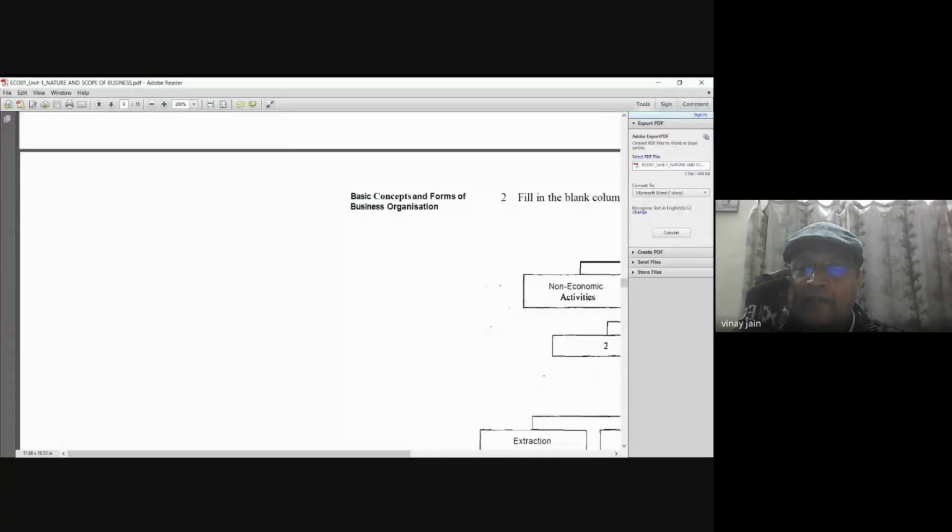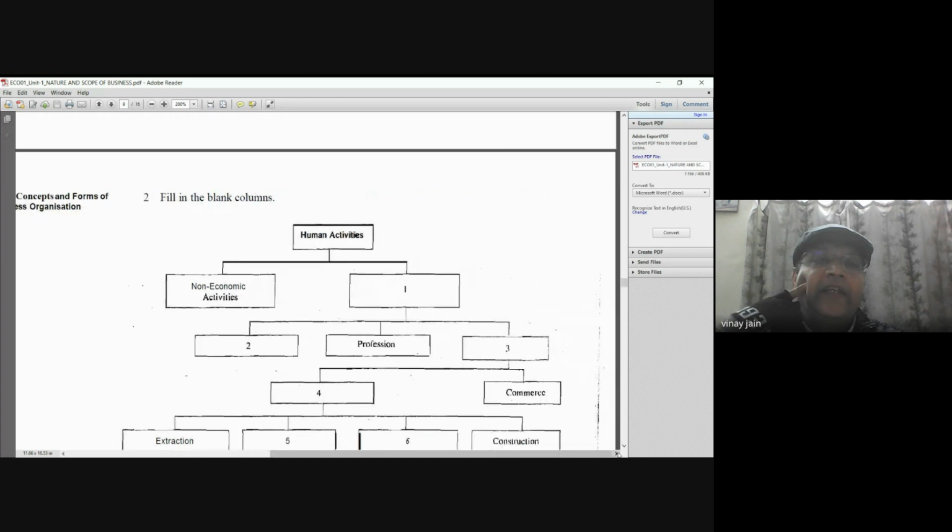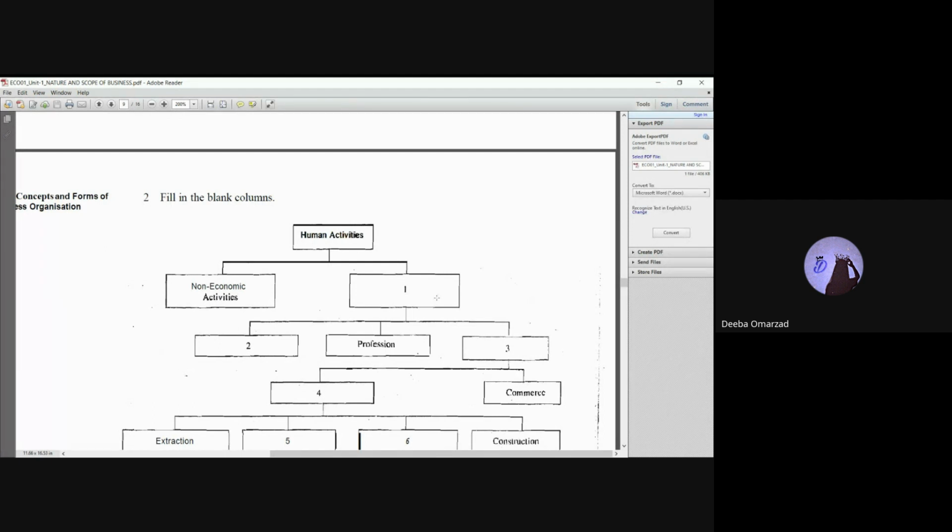Okay, again, one more activity is there. Fill in the blank column. Human activity, economic activity. What should be on the right side? Economic activity, very nice.